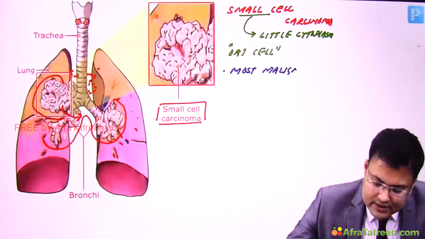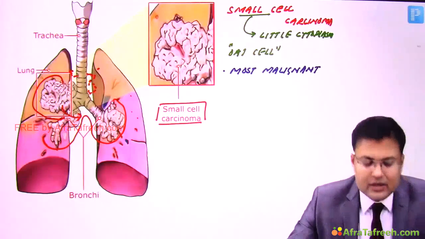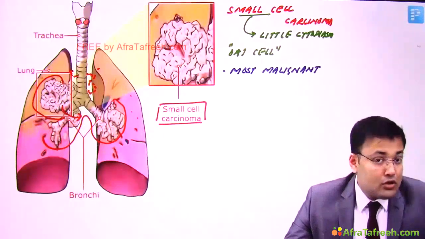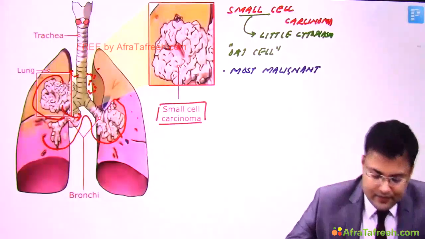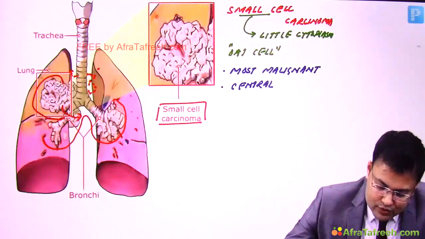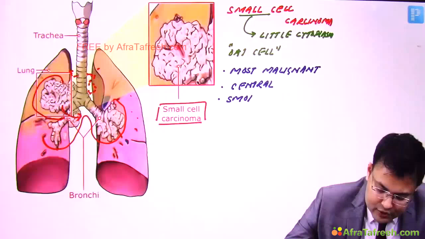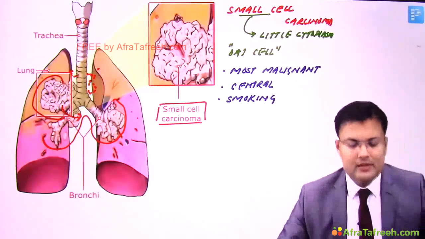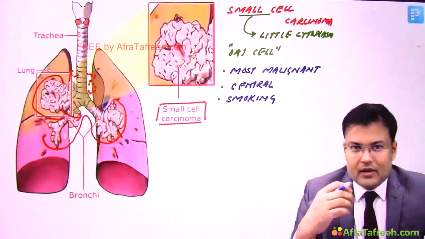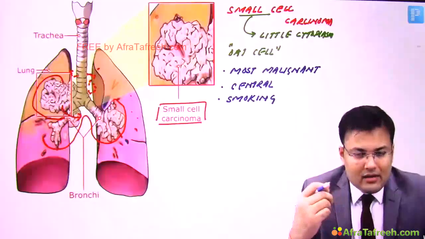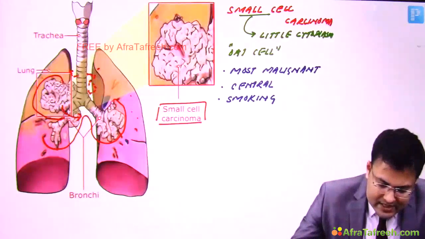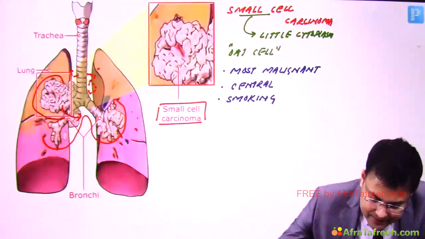We discussed two or three important things: the distribution is central, and it is most strongly associated with smoking. Now here we discussed that there is a hilar mass with mediastinal invasion.